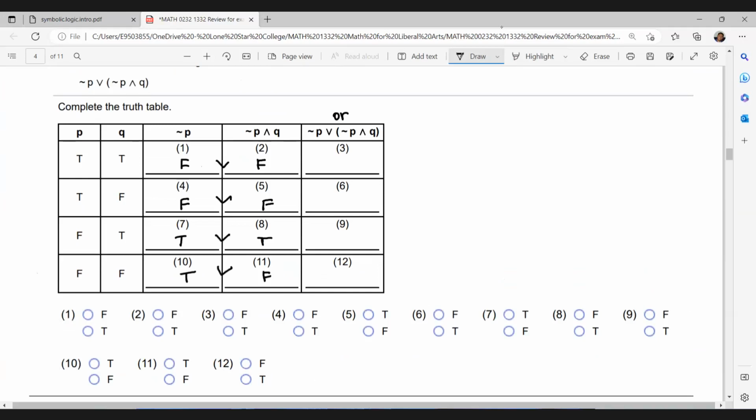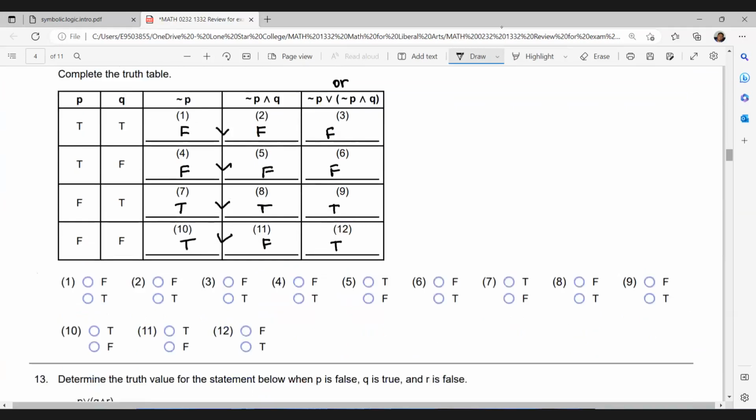And so we saw earlier that in order for a disjunction to be false, that means that the previous two statements were false to begin with. Okay, so that's false. That's false. Okay, this will be true. This will also be true. Okay, all right, let's move on.